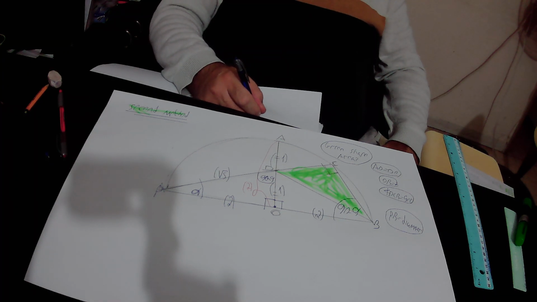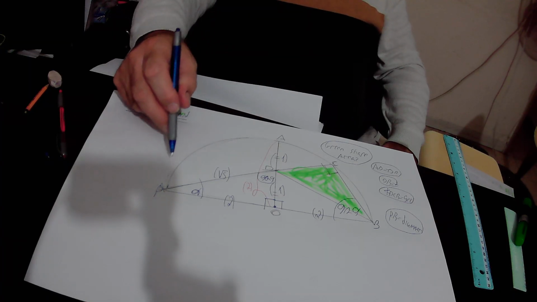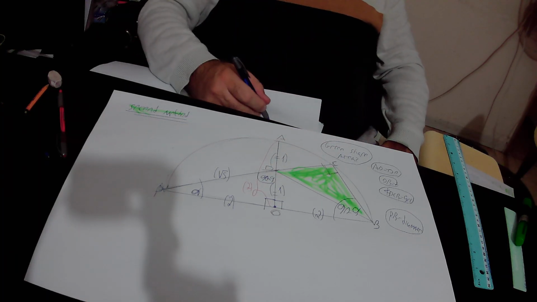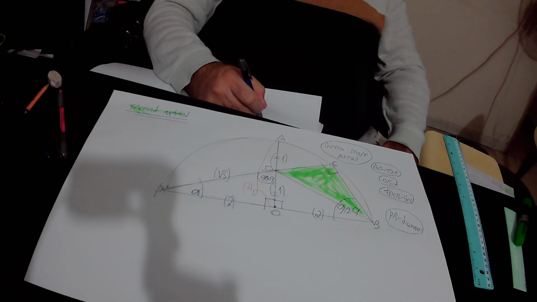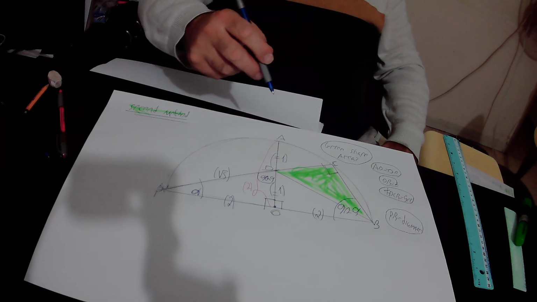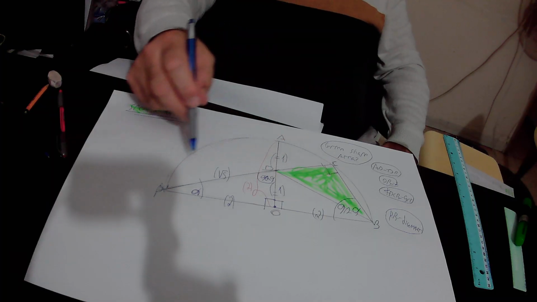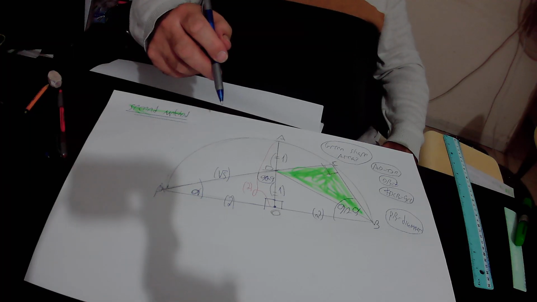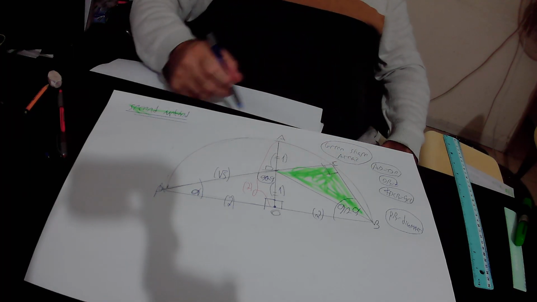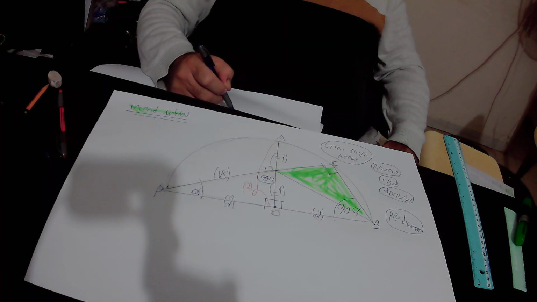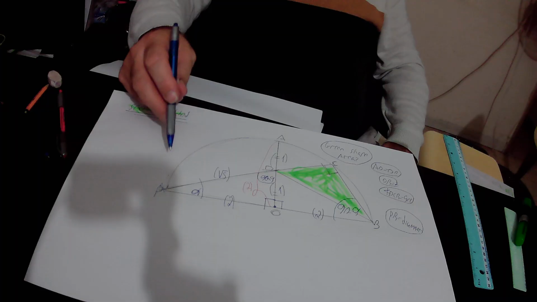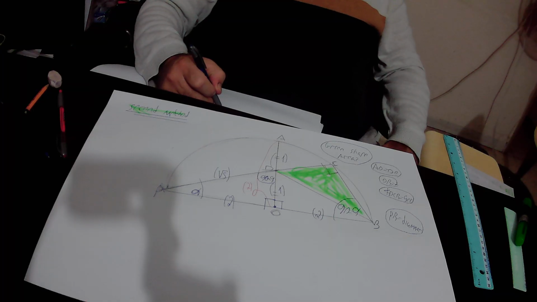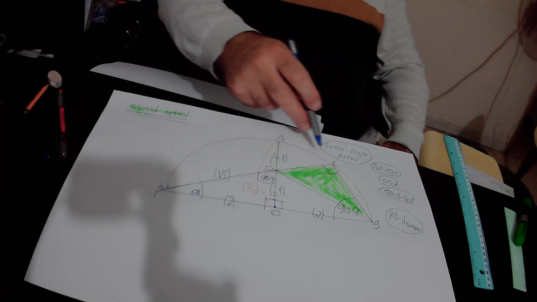PD over PB is equal to side DO of the small right triangle PDO over side CB of the big right triangle PCB, and it is also equal to side PO of the small triangle POD over side PC of the big triangle PCB.